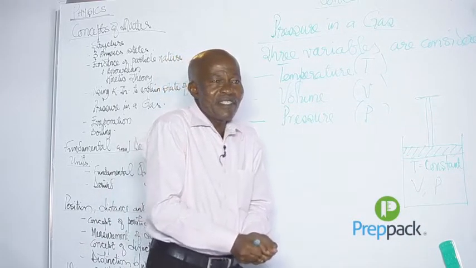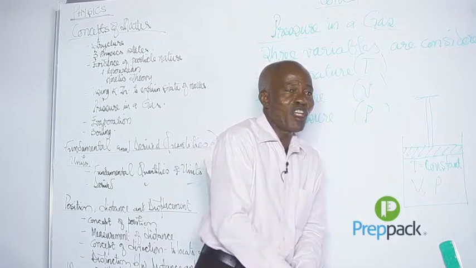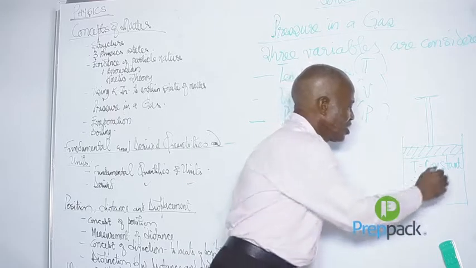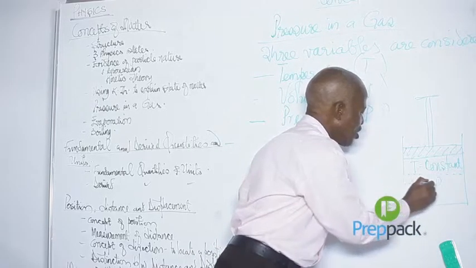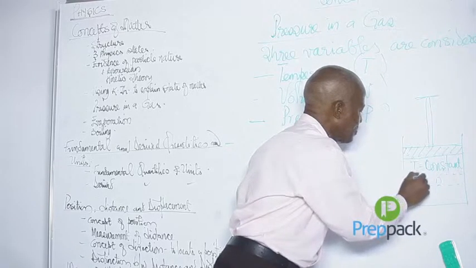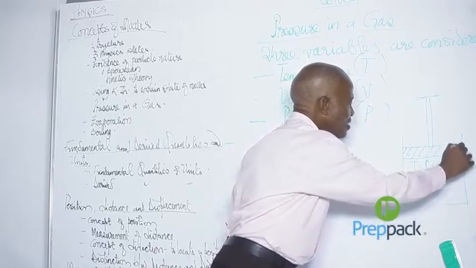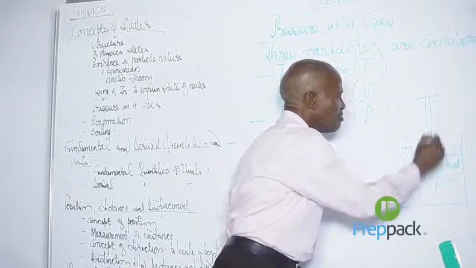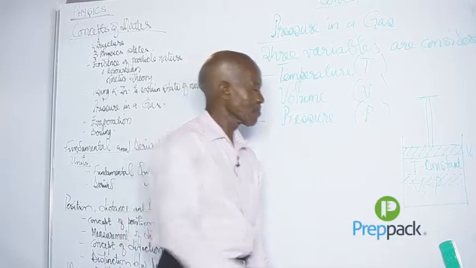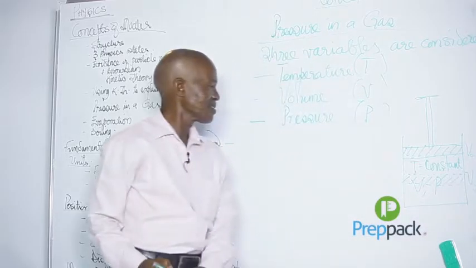As we increase the pressure gradually, the volume also does what? Reduces. So at a point, the piston now falls to this. Let's assume that the initial volume was V0 and the final volume V final.